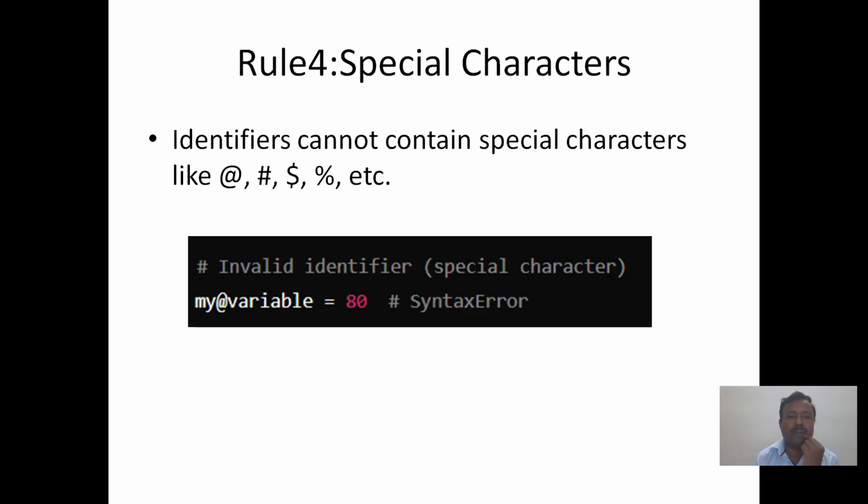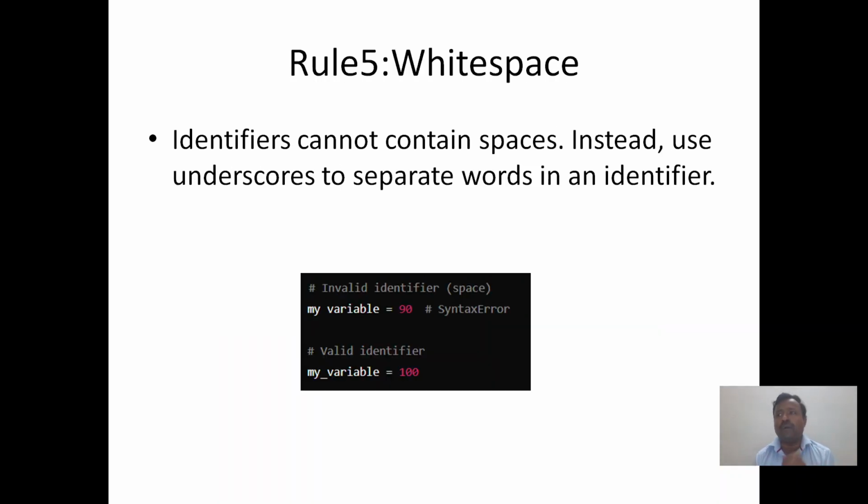If you see the example, my@variable, here the @ is a special symbol, so it cannot be treated as a valid identifier. Now rule 5: when naming the identifier, you must take characters from the valid character set, which is letters, digits, underscore. Space is not part of the valid character set in Python.